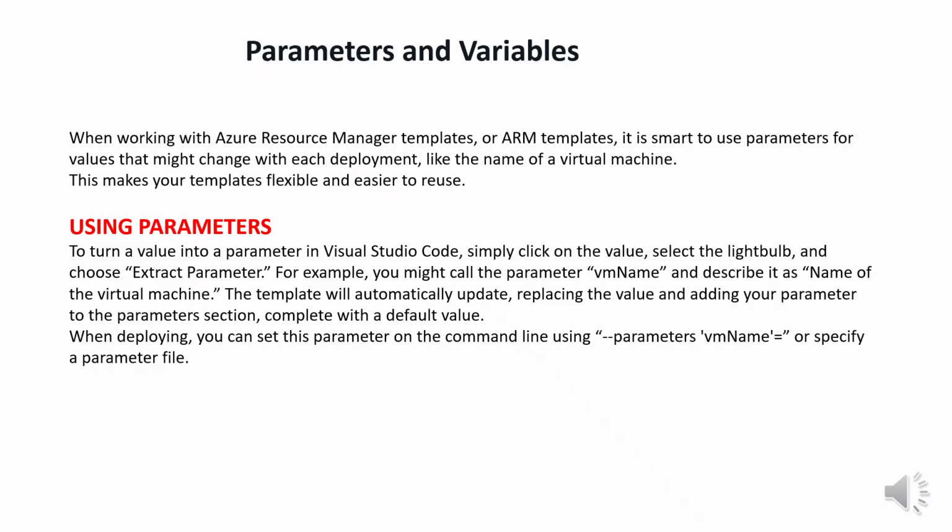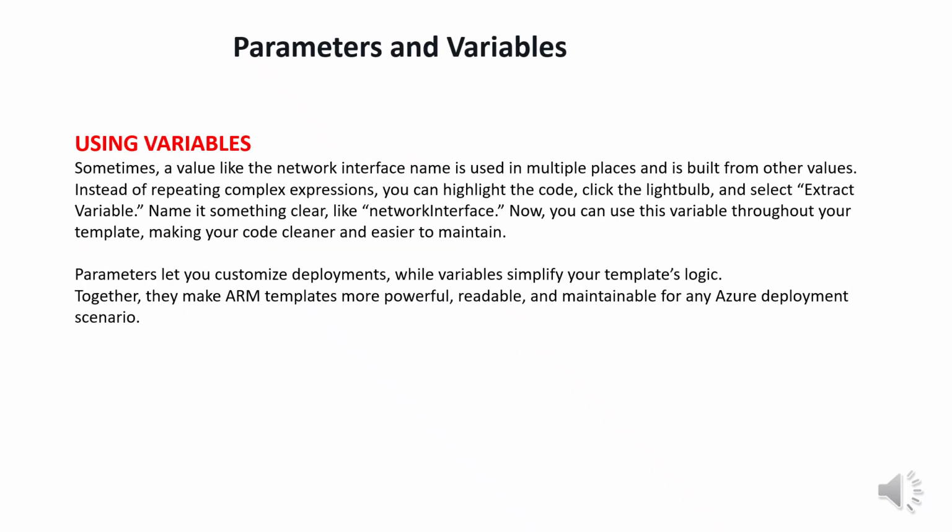Sometimes a value like the network interface name is used in multiple places and is built from other values. Instead of repeating complex expressions, you can highlight the code, click the light bulb, and select Extract Variable. Name it something clear like network interface.